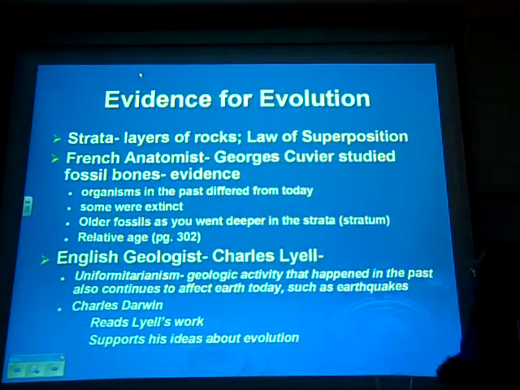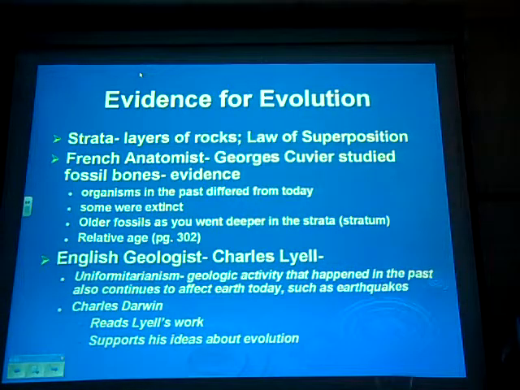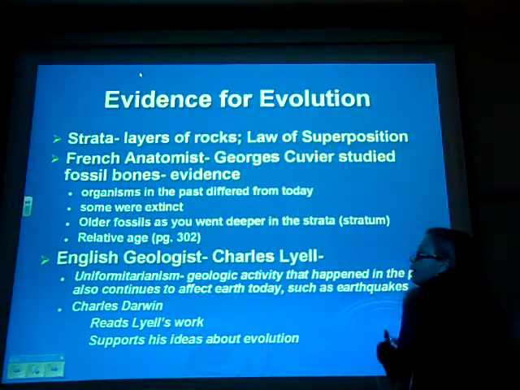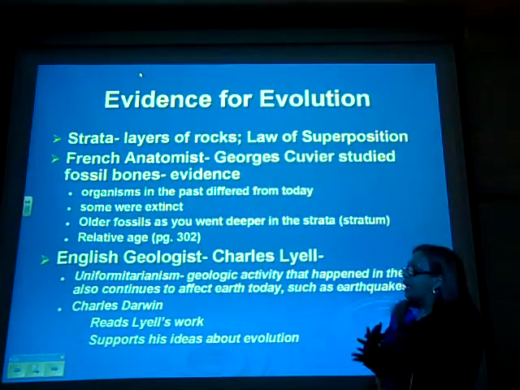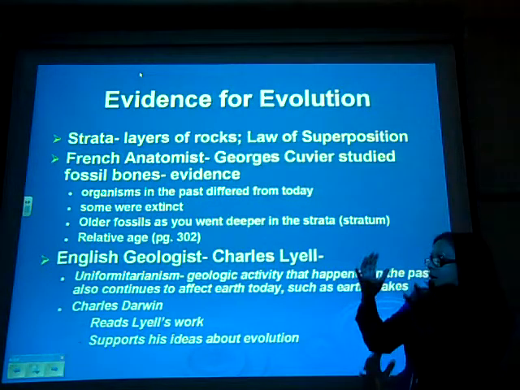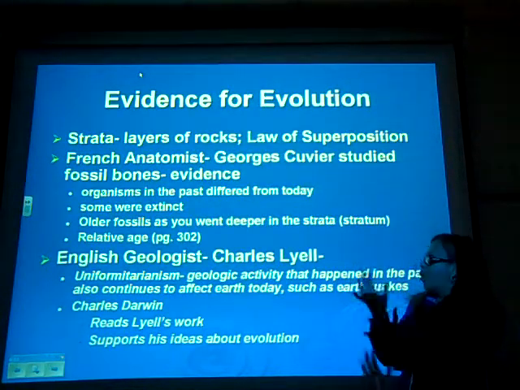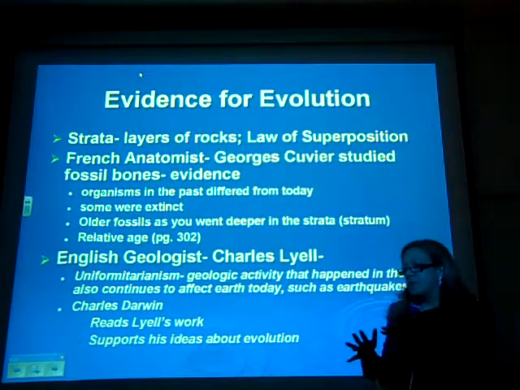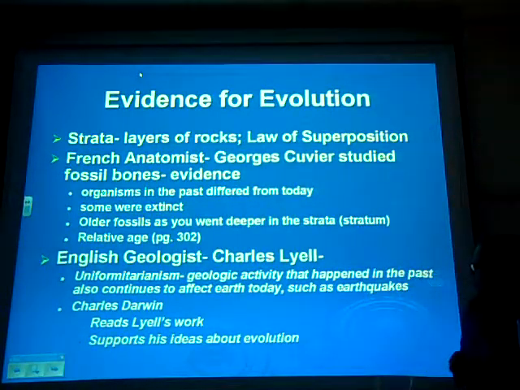We have scientists such as George Cuvier who studied fossil bones. These fossils are found in different areas, and we can use the earth to predict and estimate how all the organisms are. We also have more advanced mechanisms today with technology, but we'll talk about that later on.